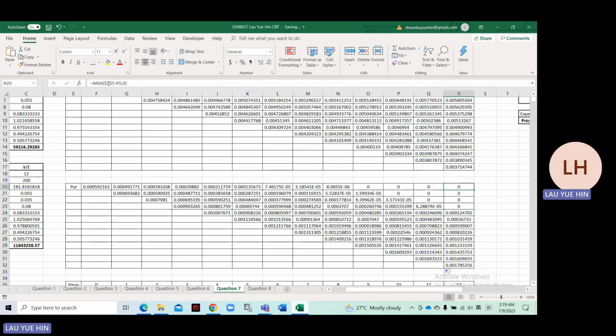And for the last column here, since it's the put, it's K minus S0. Then I drag down.